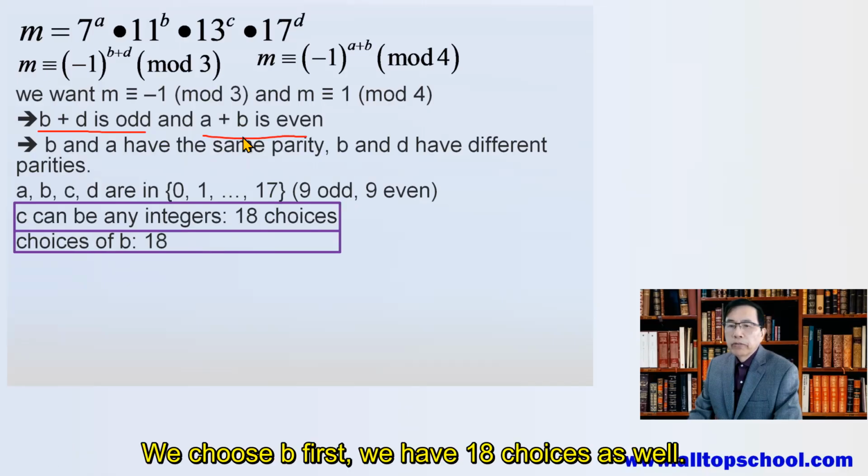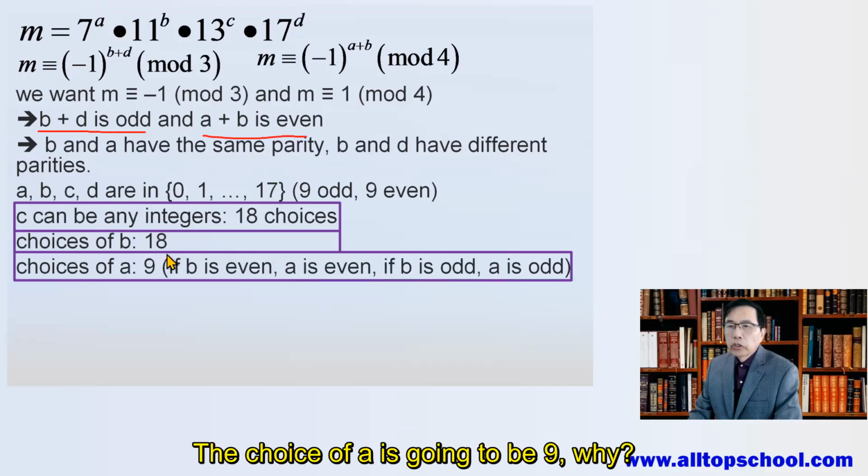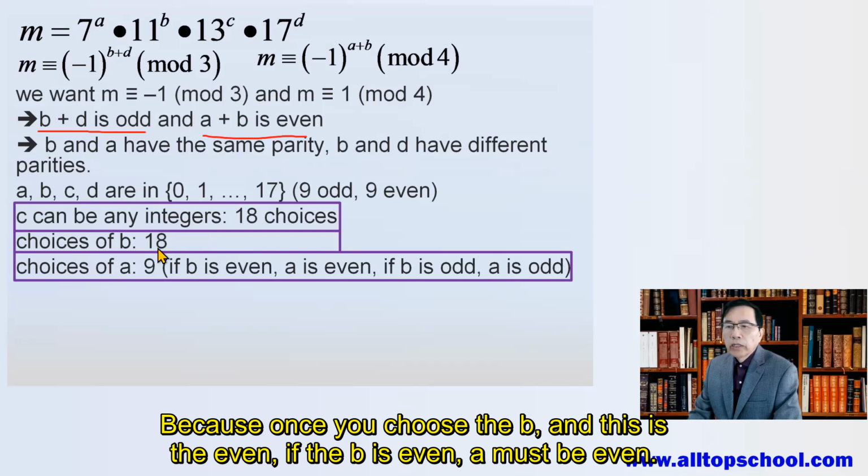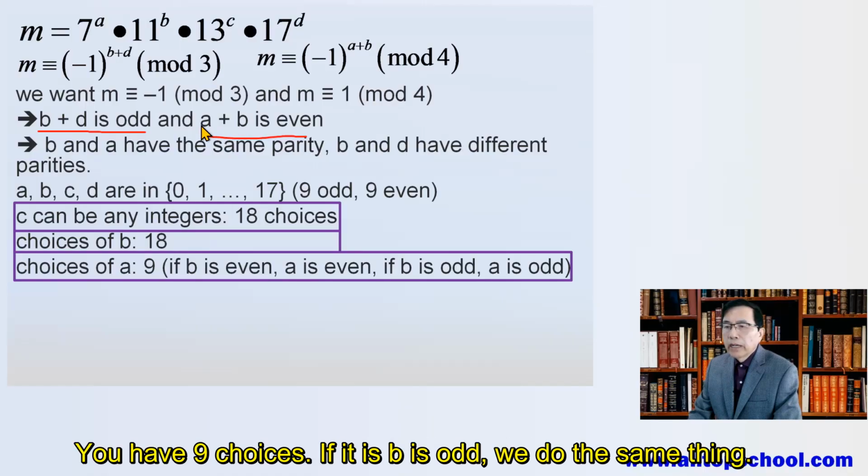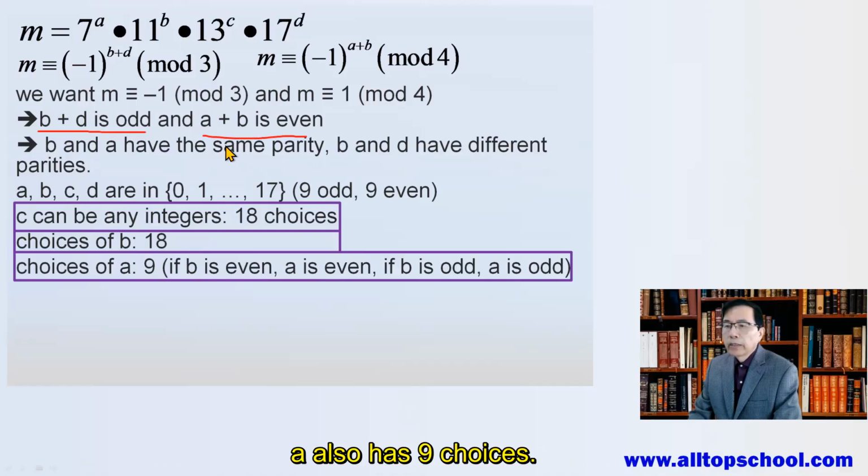We choose B first, with 18 choices as well. The choice of A is going to be 9. Why? Once you choose B, if B is even, A must be even, so you have 9 choices. If B is odd, A also has 9 choices.